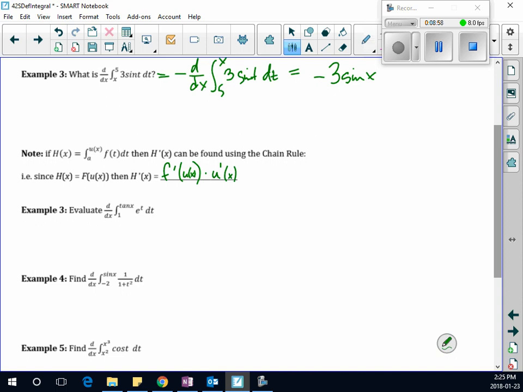So again, make sure that this is just some arbitrary number at the bottom. Good to go. Yeah.